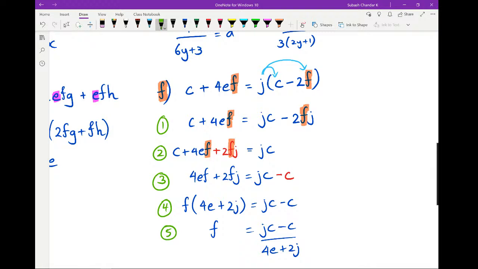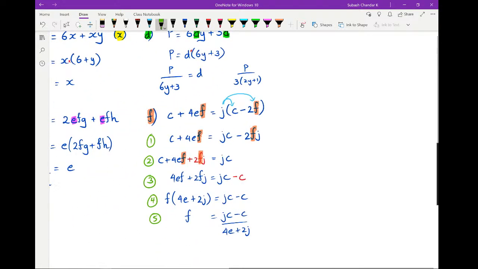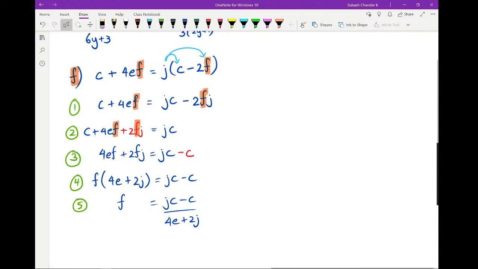Cool, so I'm going to give you guys another one like this, but I'm going to step it up one more step. So we're going to do question G, and I will leave it here so that you can see the working out.